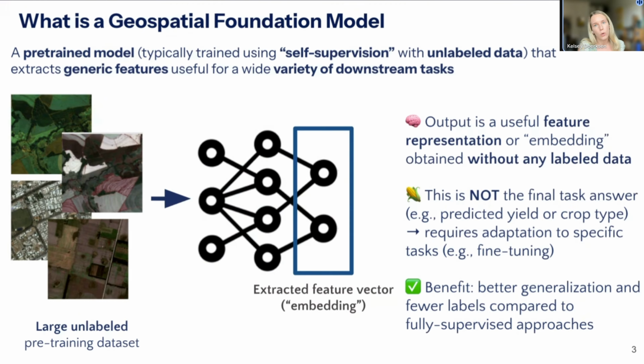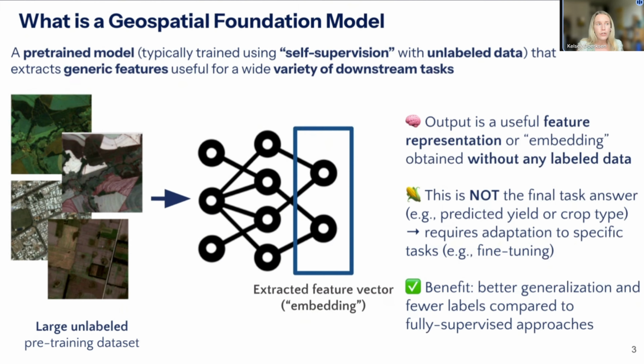So I'm going to start with a quick primer on GFMs, or geospatial foundation models. I think folks in the working group have probably worked with them or at least have some exposure, but just so that everyone's on the same page, a foundation model is a pre-trained model that's typically trained using self-supervision with unlabeled data, and it extracts generic features useful for a wide variety of downstream tasks. So this could be crop yield estimation, for example, or climate change applications.